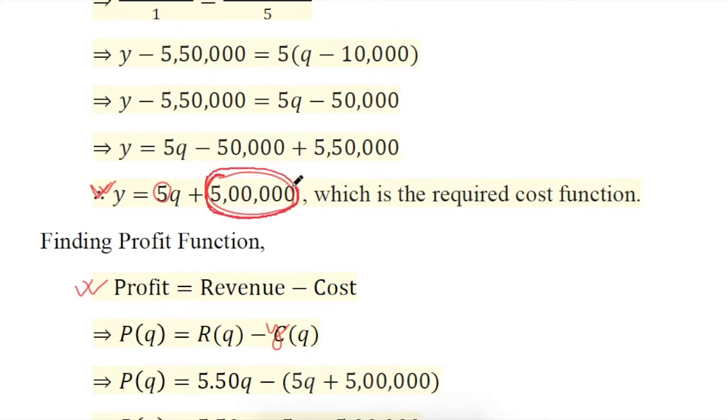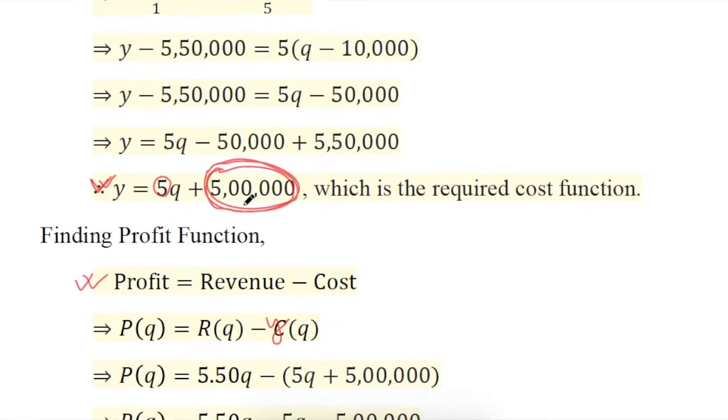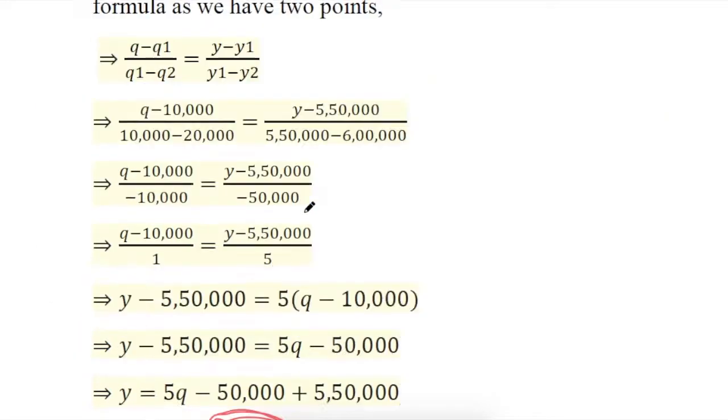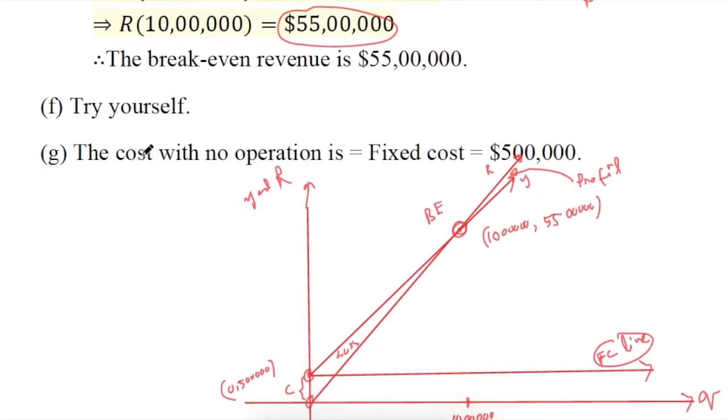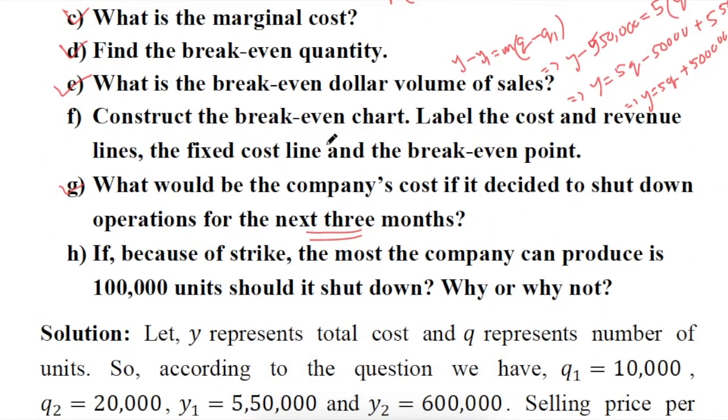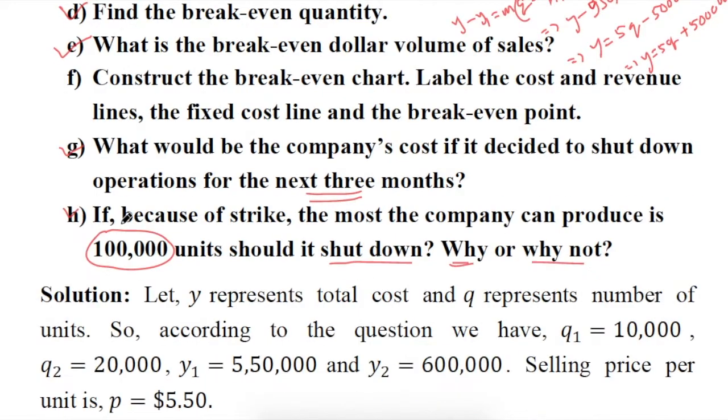So for the next 3 months, the fixed cost will be the total loss of the company. It is 500,000 or 5 lakhs. So the cost with no operation is equal to fixed cost, which is 500,000.